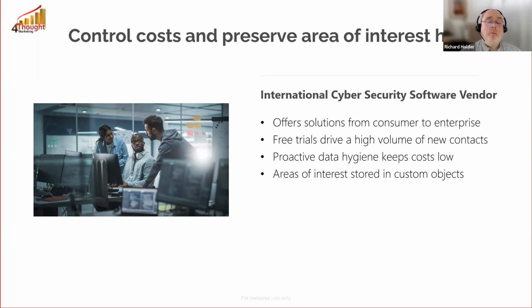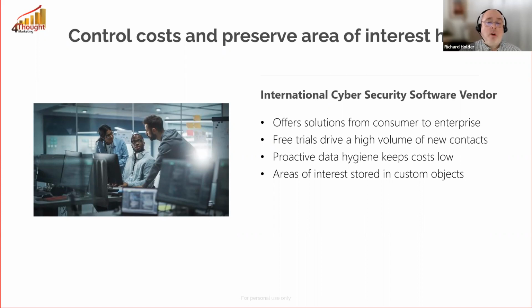Because of the volume of free trials and so forth, they also have a very proactive data hygiene policy for the contacts they have sitting in Eloqua. They are deleting them if they exceed the threshold that they've set for them. And as a result of that, that history is lost temporarily.